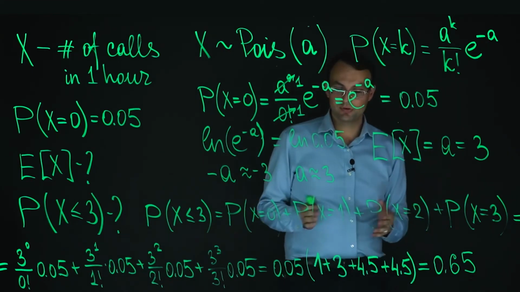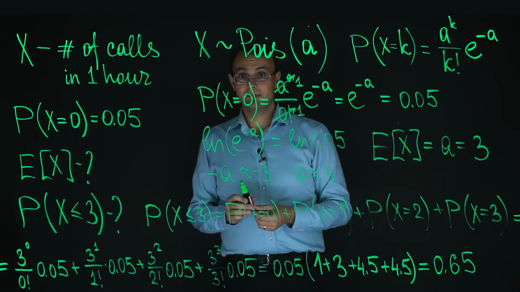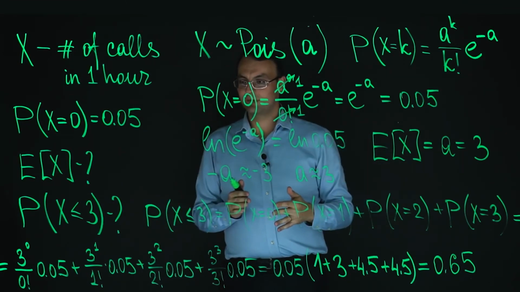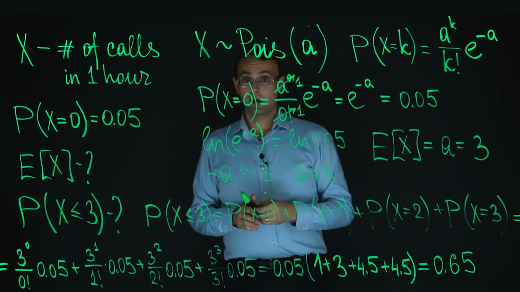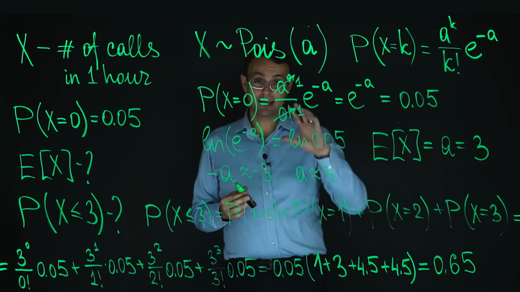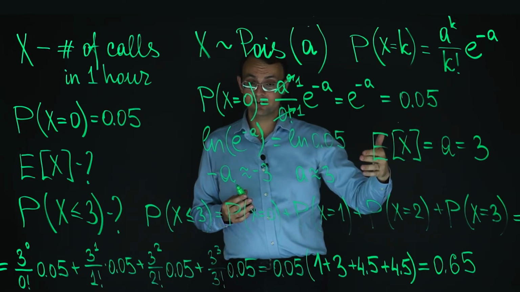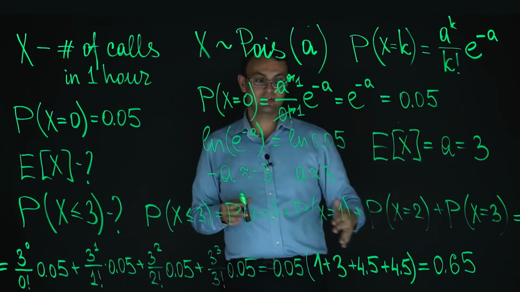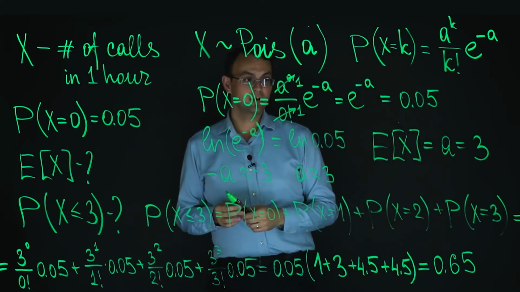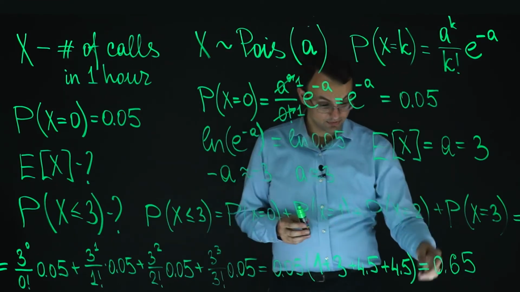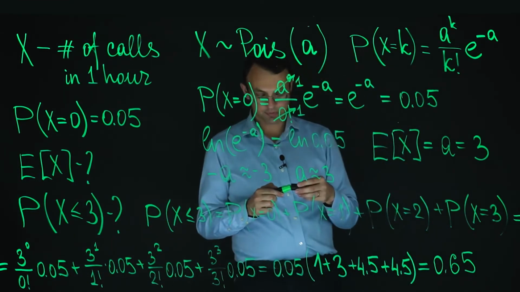So, in other words, we can say that if we divide the working time of this emergency service into hours, approximately 75% of all hours will be such hours that the number of calls is no more than 3. That is the meaning of this probability.